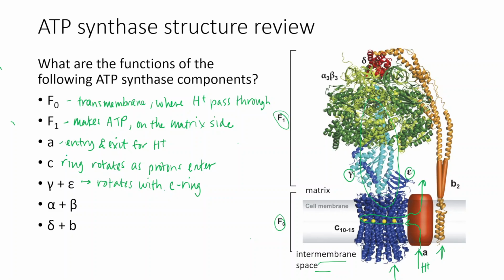Yeah, the beta part. So beta is turning ADP and inorganic phosphate into ATP.